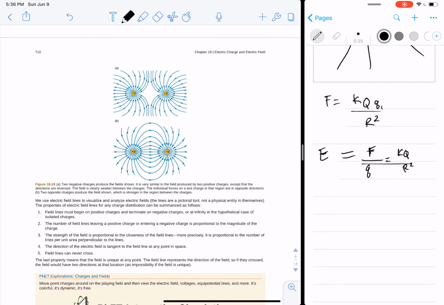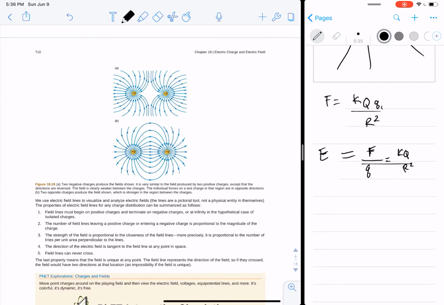Now notice the lines are complete. They start and end on charges. So this will always be the case. These lines always begin and end on a charge. You won't just have a line that disappears off into wherever. So that's an important thing that we'll talk about down the road too.